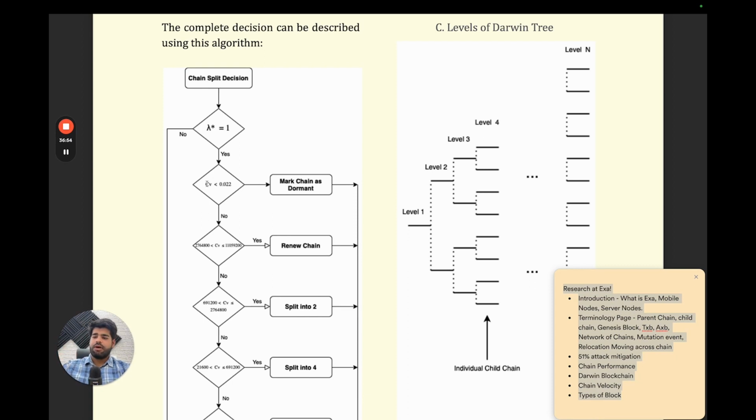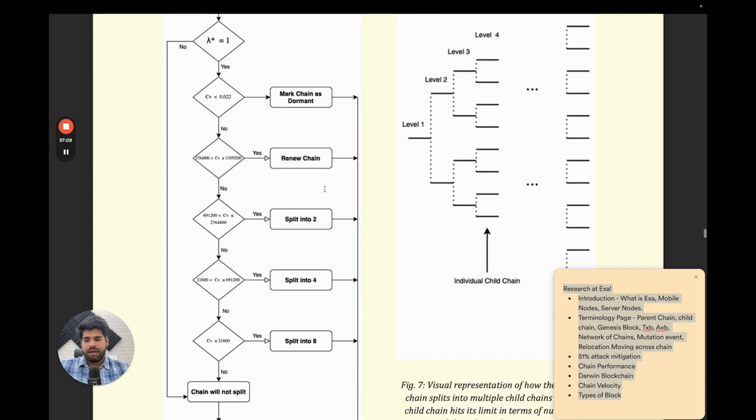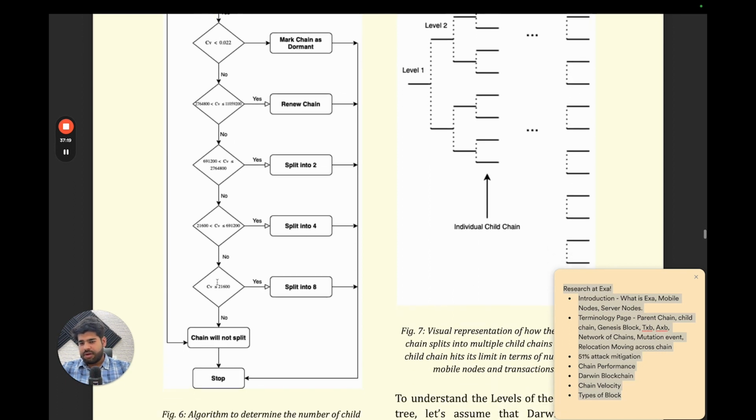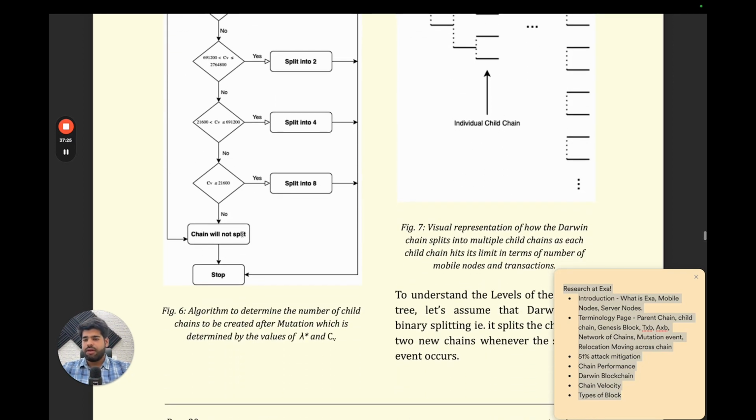Now, if the chain velocity is between the parameters that we have mentioned over here, let's say the chain velocity is less than 0.022, it means that the chain is dormant, and then you mark the chain dormant and take the necessary steps next. Again, we have mentioned what to do when the chain velocity is different. However, if the lambda star value is 0, then your chain will not split.